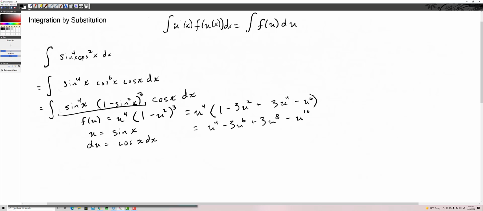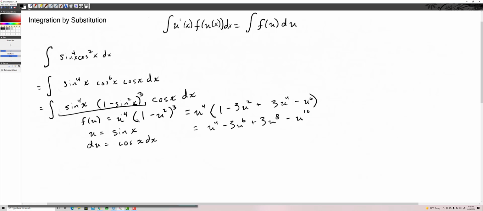So let's just walk through this again. What did we do? Well, we pulled all of the cosines out except for one, so that we could leave it as a derivative. Then we consolidated all the sines. We wrote them as a function inside of a function, so the inside function here is sine, and we're just calling all of these things u.